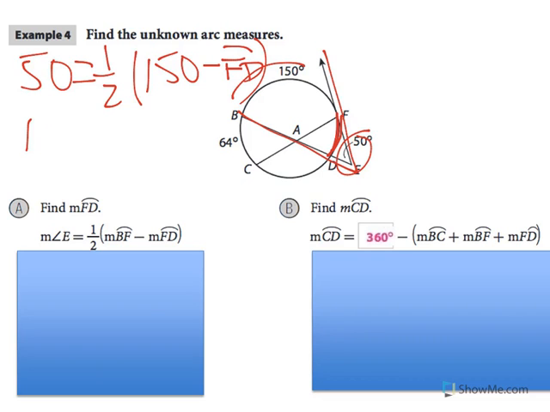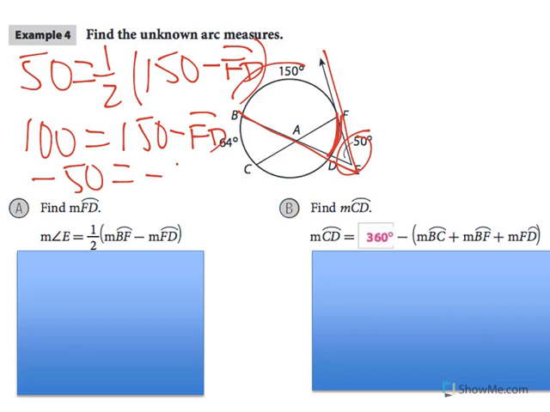Bring the half over, so 100 equals 150 minus FD. Then negative 50 equals negative the arc FD. So the arc from F to D equals 50 degrees.